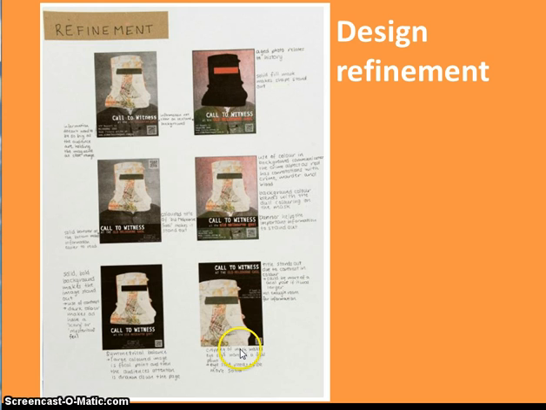You'll see she's explored cropping here and enlarging the scale of the image. She's used shape here to make the text stand out with this solid black rectangle behind the text. She's also explored different typography.